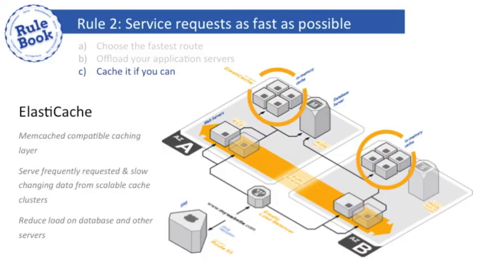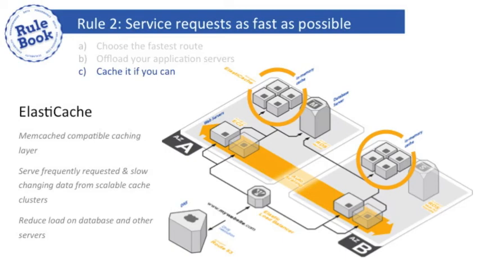Another thing, rule 2C, is cache it if you can. You can be in a situation where you're scaling databases to a very high level in order to handle the request rate that's hitting them. If you find yourself in those situations, you want to serve commonly or frequently requested and slow-changing data from a scalable cache, and in this case a memcached managed framework called ElastiCache.